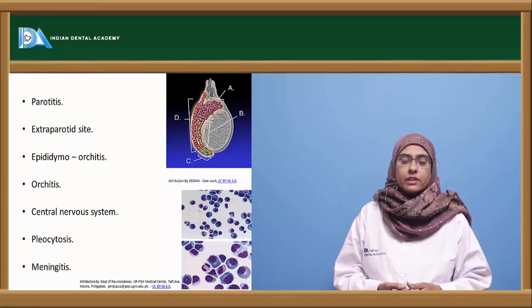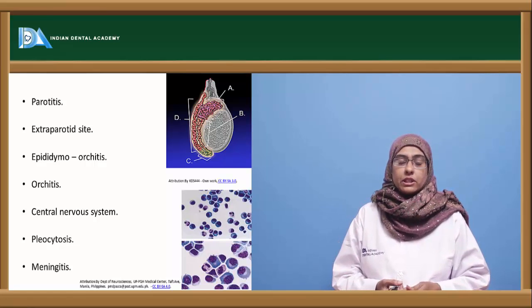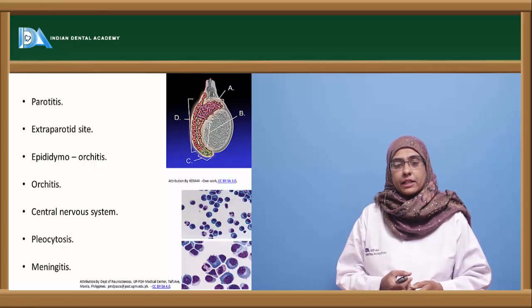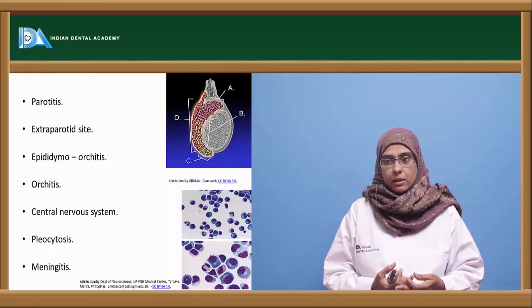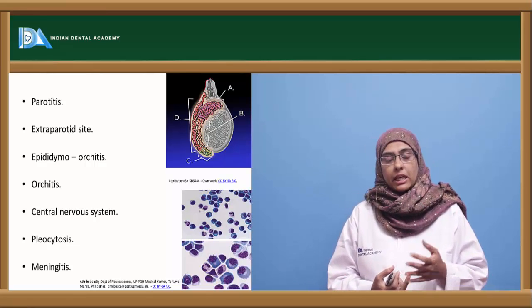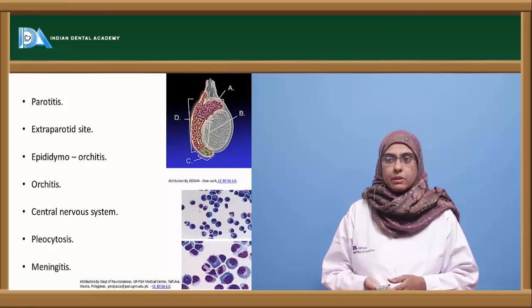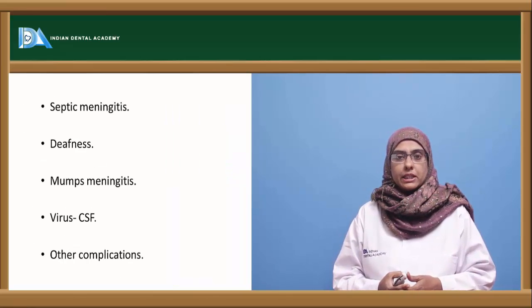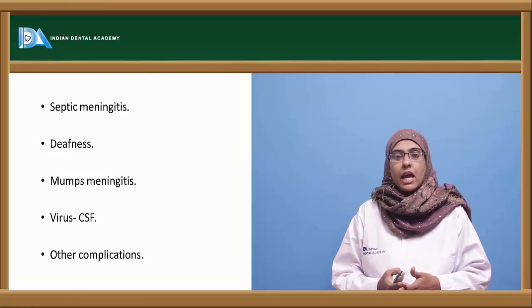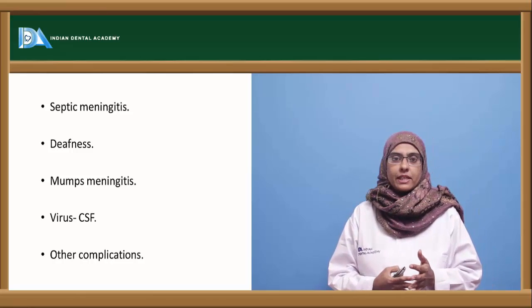There is an involvement of the central nervous system in about 40 to 60%, and you can identify this infection with the help of pleocytosis, that is, an increase in the number of WBCs, and rare involvement of meningitis can be seen. 10 to 20% of aseptic meningitis cases have come forward, as well as meningoencephalitis.